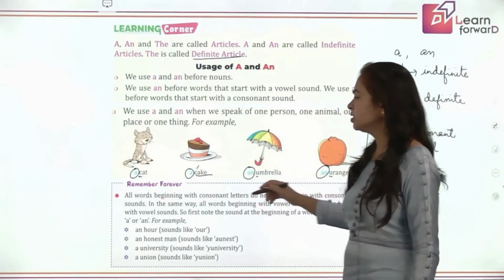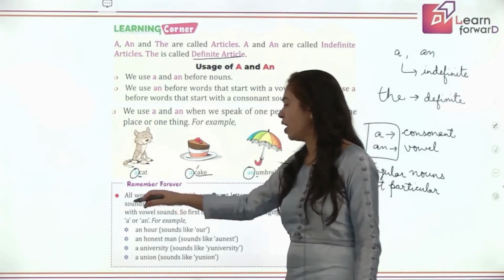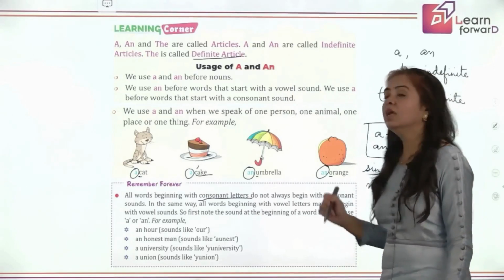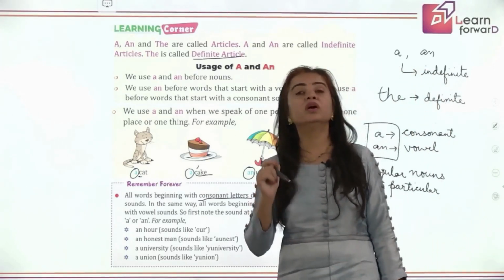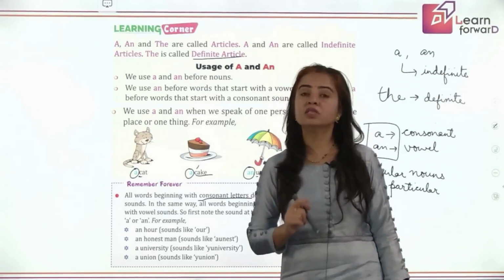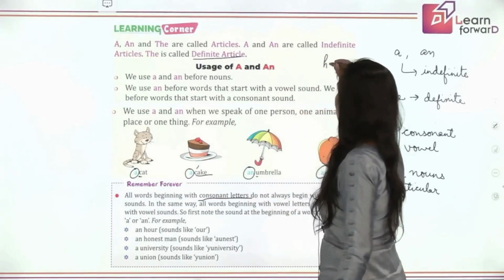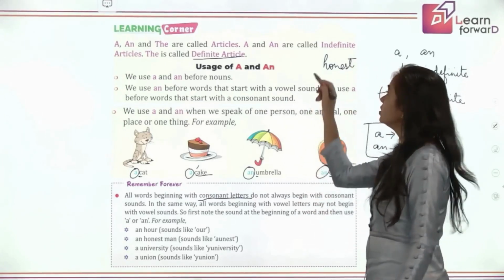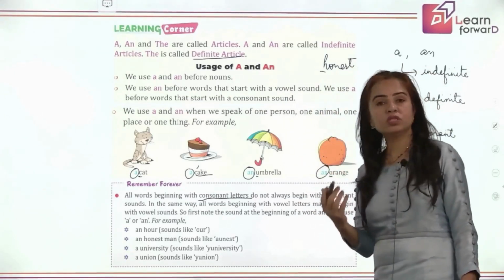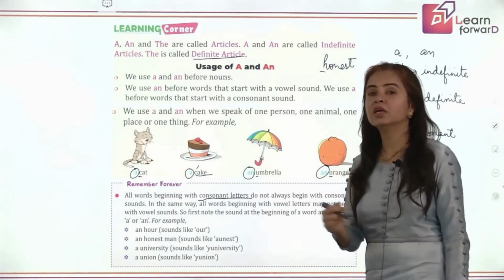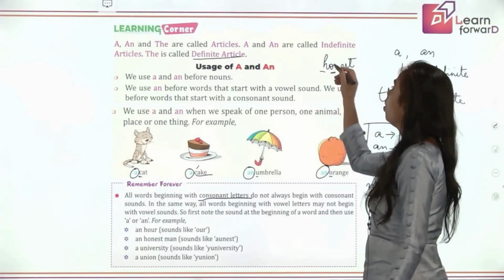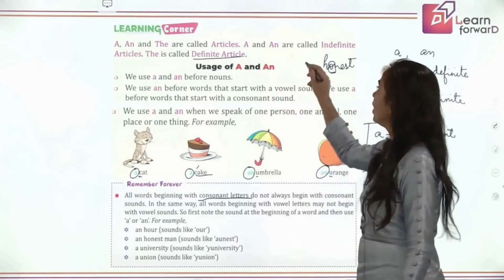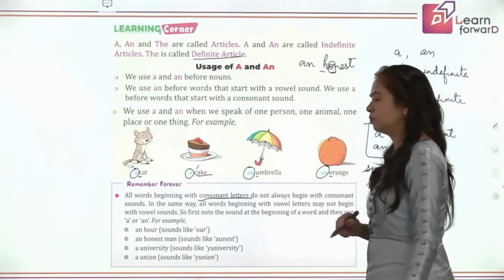So what you must remember while doing articles is all words beginning with consonant letters, they do not always begin with a consonant sound. Sometimes, suppose I am talking about honest, right? So this is H, but when you say honest, H is silent. So what is the sound here? O. This O sound is the vowel sound. So we will be writing an honest person, right?